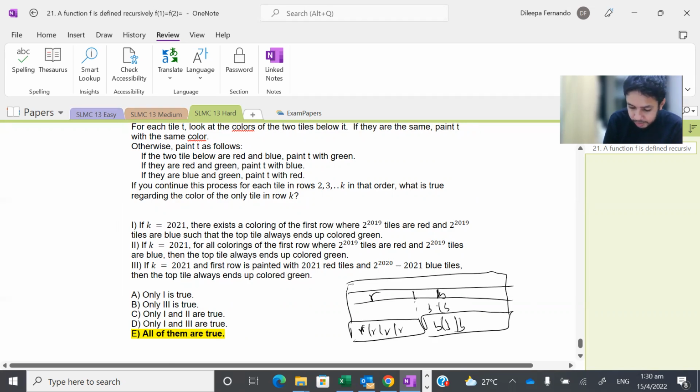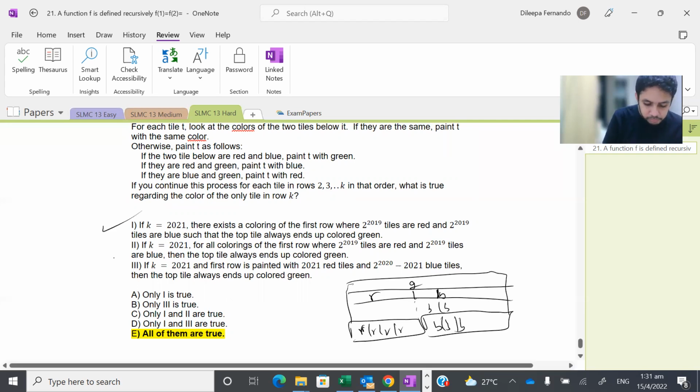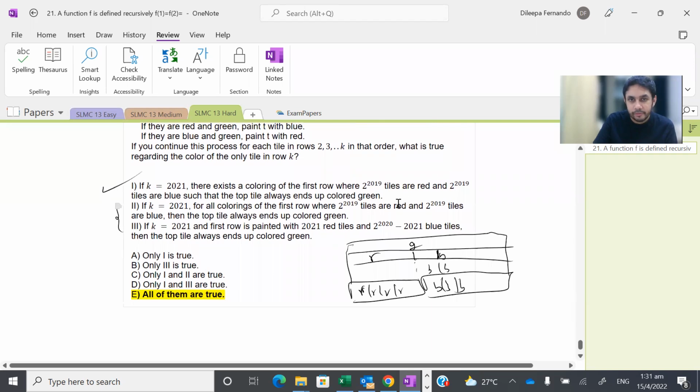Finally, on the last cell, it becomes green. So there exists a coloring in the first row such that the top one becomes green. The first one is correct. But the second one and third one are not just there exists, but all the colorings with equal number of red and blue in the first row end up in green. So that is the first statement.